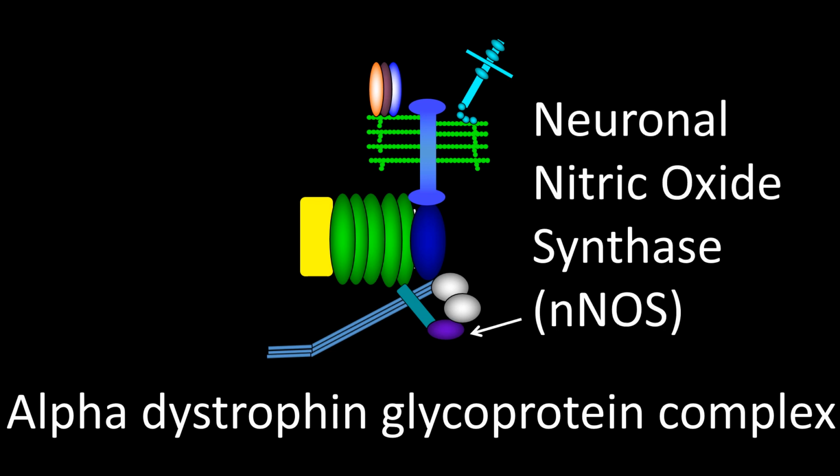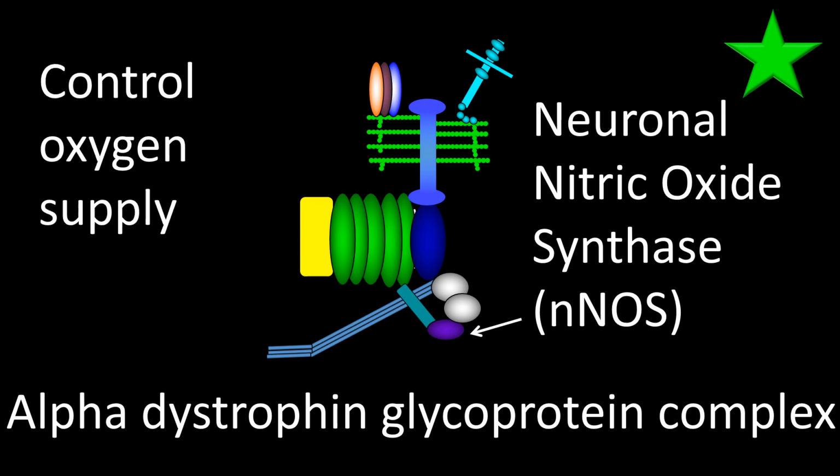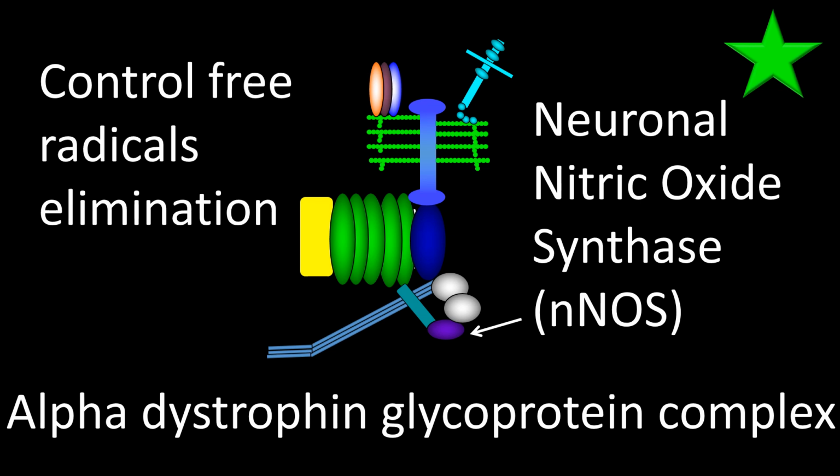neuronal nitric oxide synthase. This is a very special component of the alpha-dystrophin glycoprotein complex because it produces vasodilatation to match work, thus controls oxygen supply and free radicals elimination.